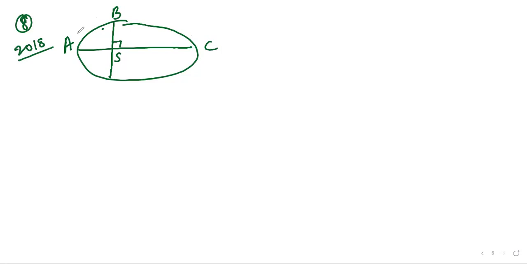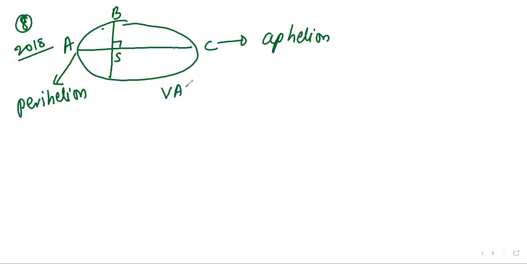So in the diagram, we analyze that point A is perihelion, while C is at aphelion. So velocity VA is more than VB, which is more than VC.